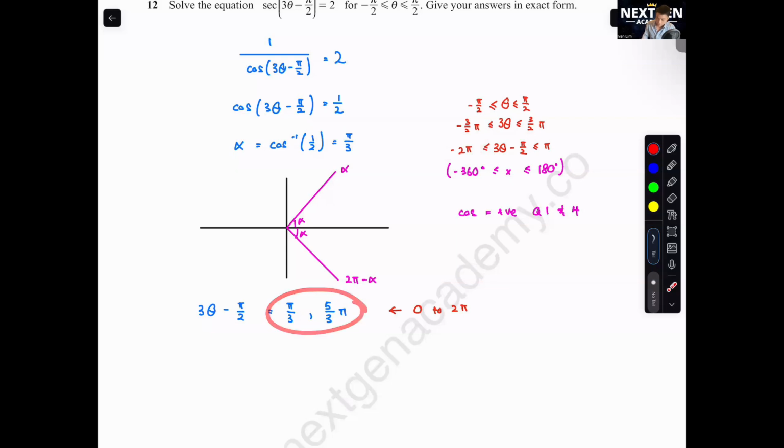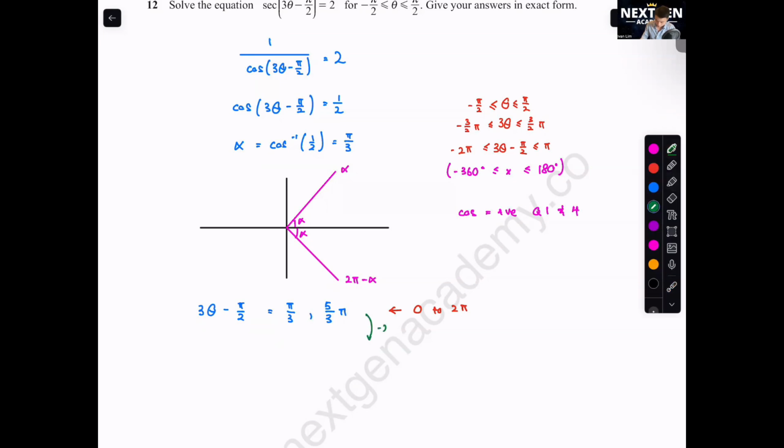So you minus 2 pi to both of these values. Actually, for you to minus 2 pi, very simple. You just put a negative here and a negative here. You don't believe? You try: take 1 over 3, you minus 2, you get minus 5 over 3 pi. You take 5 over 3, you minus 2, you get minus 1 over 3.